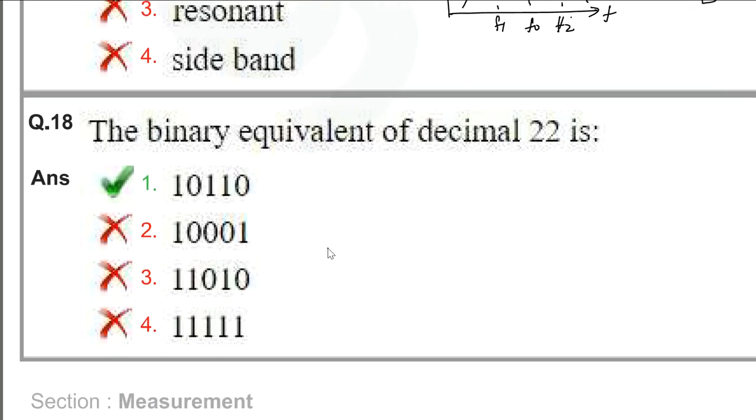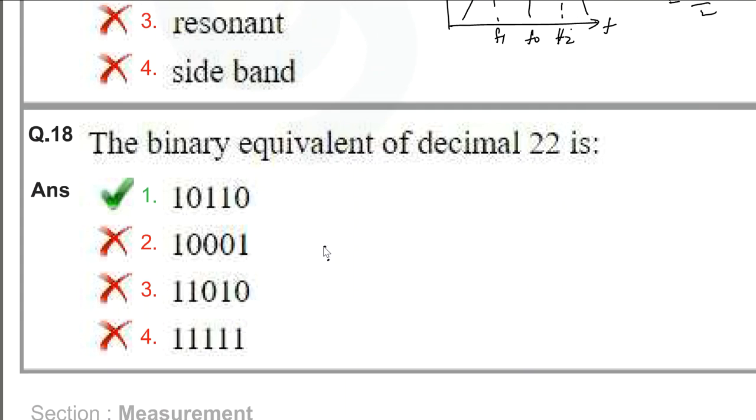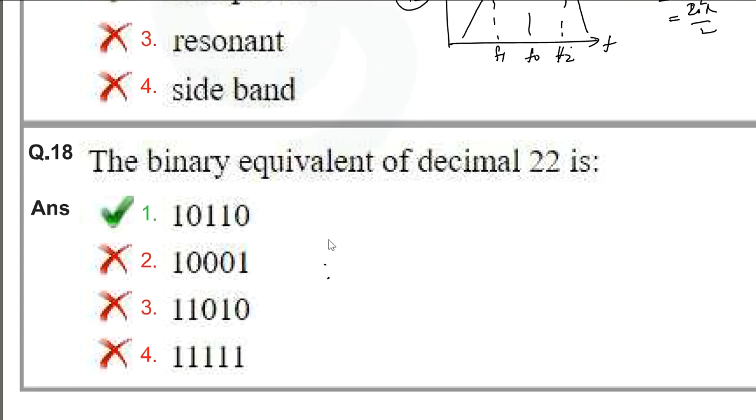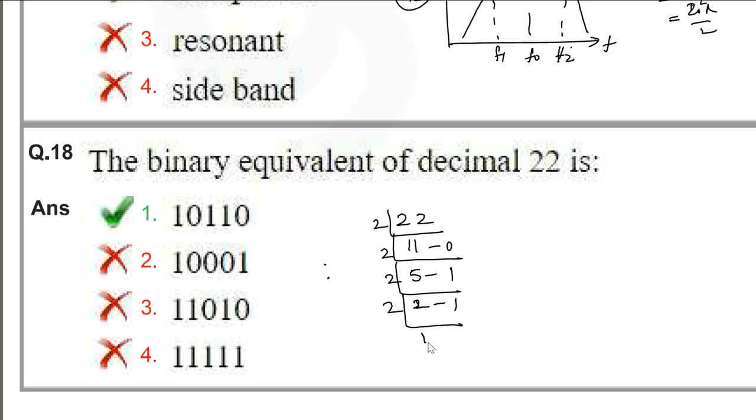Next one, the last question for this electronics paper. The binary equivalent of decimal 22 is. So what we'll do is first divide by 2. 2 into 22 is 11, remainder 0. Next, 2 into 11 is 5, remainder 1. 2 into 5 is 2, remainder 1. 2 into 2 is 1, remainder 0, and 2 into 1 is 0, remainder 1.